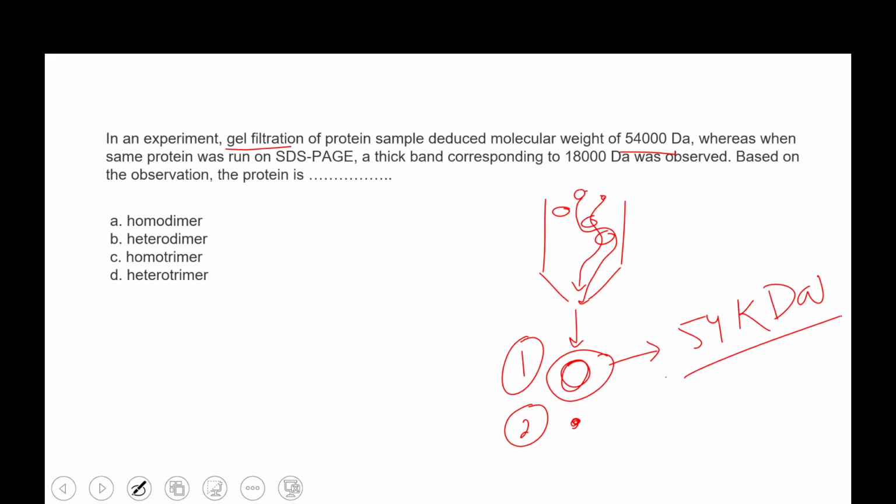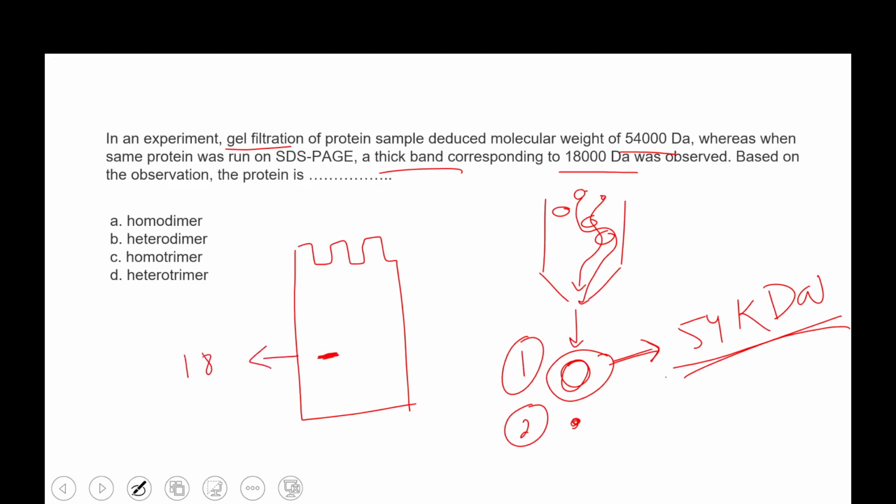So here the protein you have got is 54 kilodalton. Then you run it on SDS-PAGE, and what you get is a thick band corresponding to 18 kilodalton. Only one band. But when you eluted the protein, its size was 54 kilodalton.